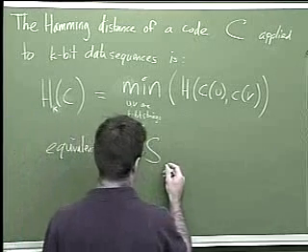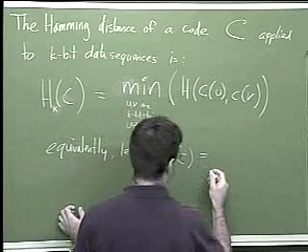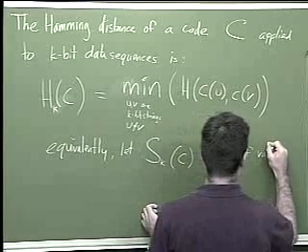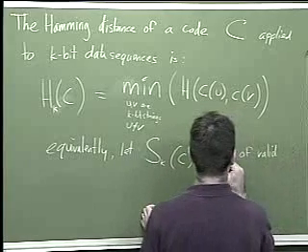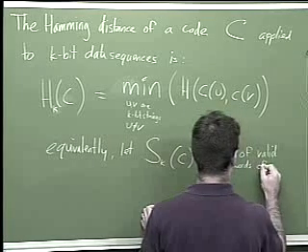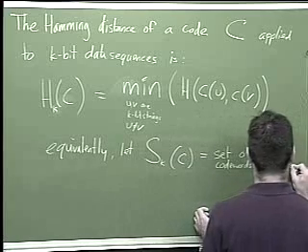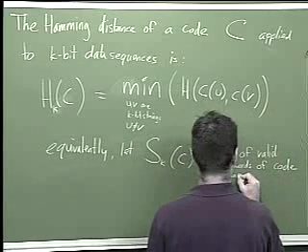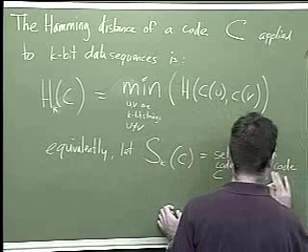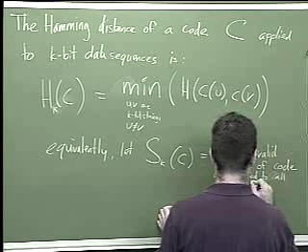Let's call it S. S sub k of C be the set of valid code words of code C applied to all k-bit data sequences.